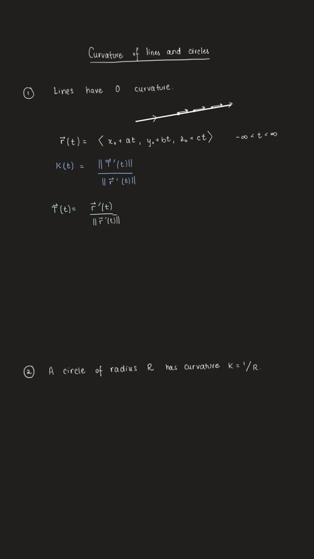Order doesn't matter here, but because it's a line, x0, y0, and z0 are not dependent on t, so the derivative of our vector function is just a, b, and c, and the magnitude of this derivative vector will be the square root of a squared plus b squared plus c squared. And so our unit tangent vector is abc divided by the square root of a squared plus b squared plus c squared.